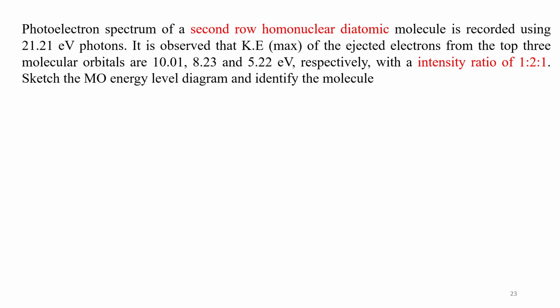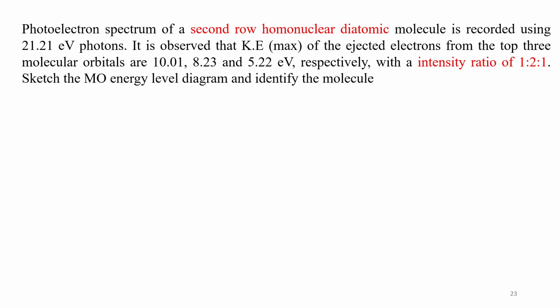Firstly, I have kept two things in red: second row homonuclear diatomic, and intensity ratio of 1:2:1. For a second row homonuclear diatomic there could be two types of MOs: one up to N2, nitrogen, and another after nitrogen, that is oxygen and fluorine.